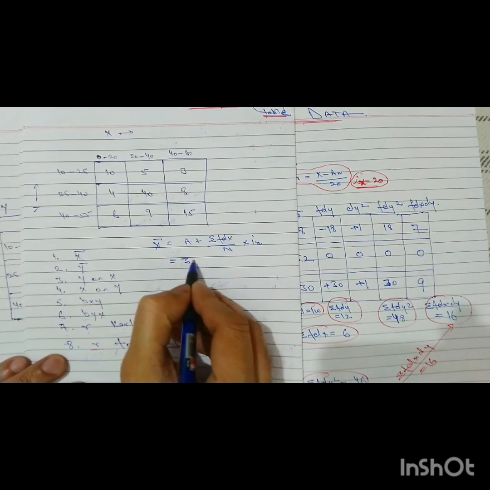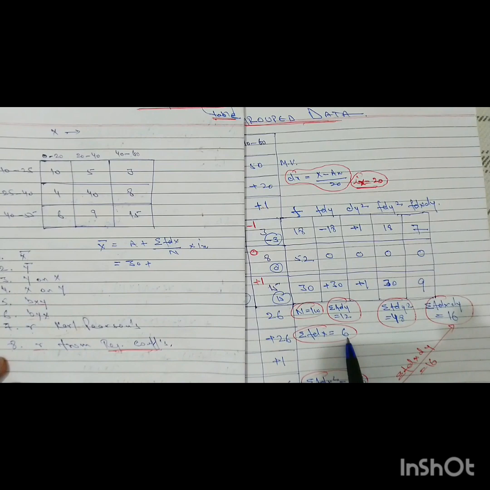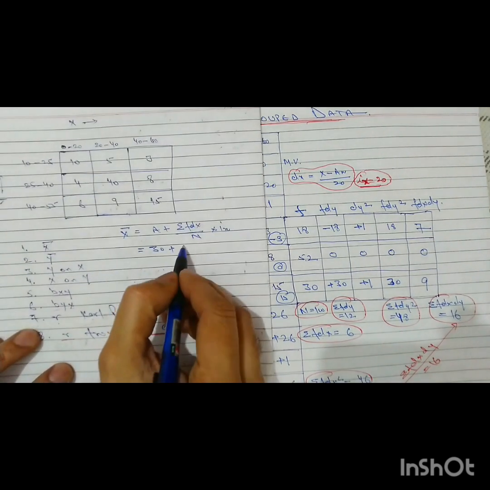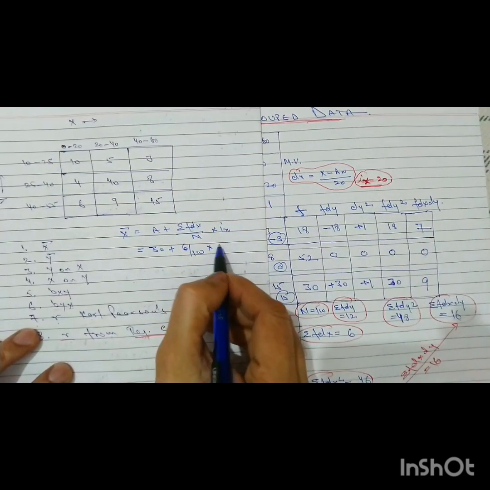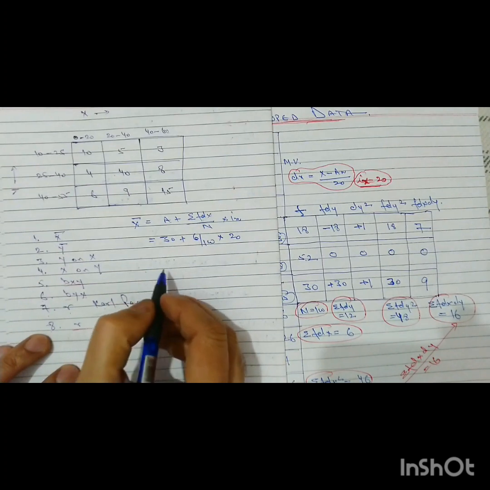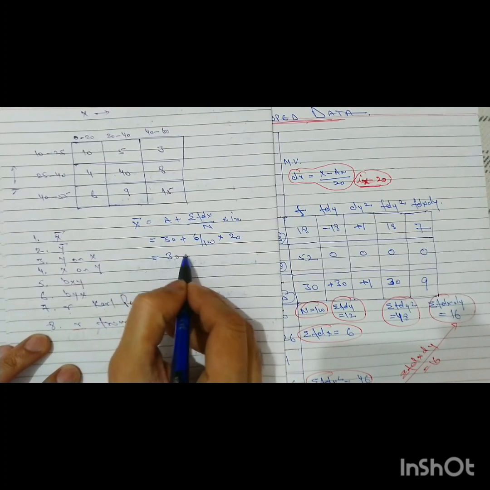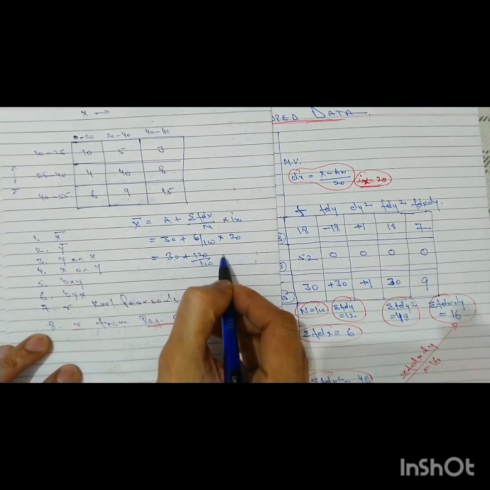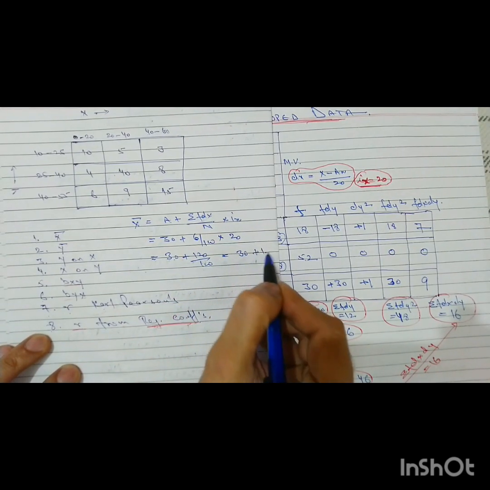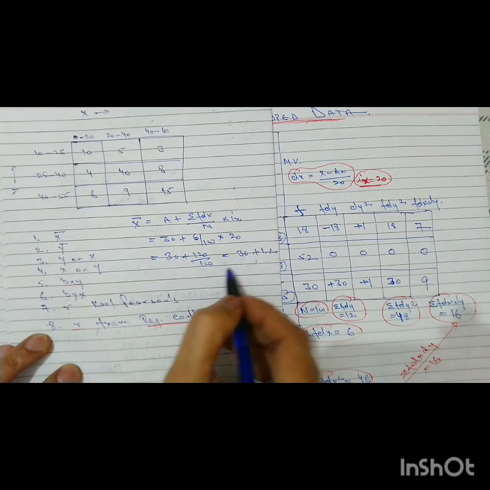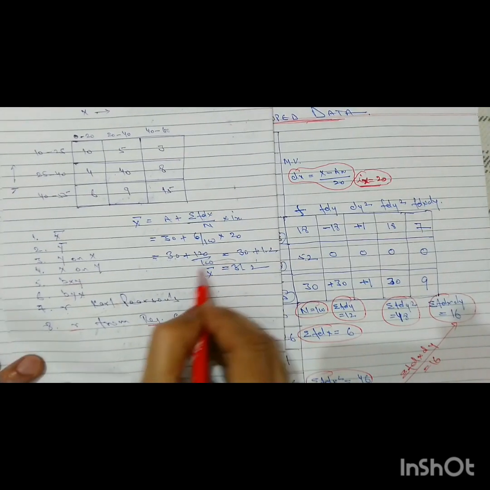So 30 plus summation f dx, which is 6, by n, which is 100, into ix, which is 20. Which means 6 into 20, 120. 30 plus 120 over 100 means 30 plus 1.2, which means 31.2. Therefore, mean of x is 31.2.